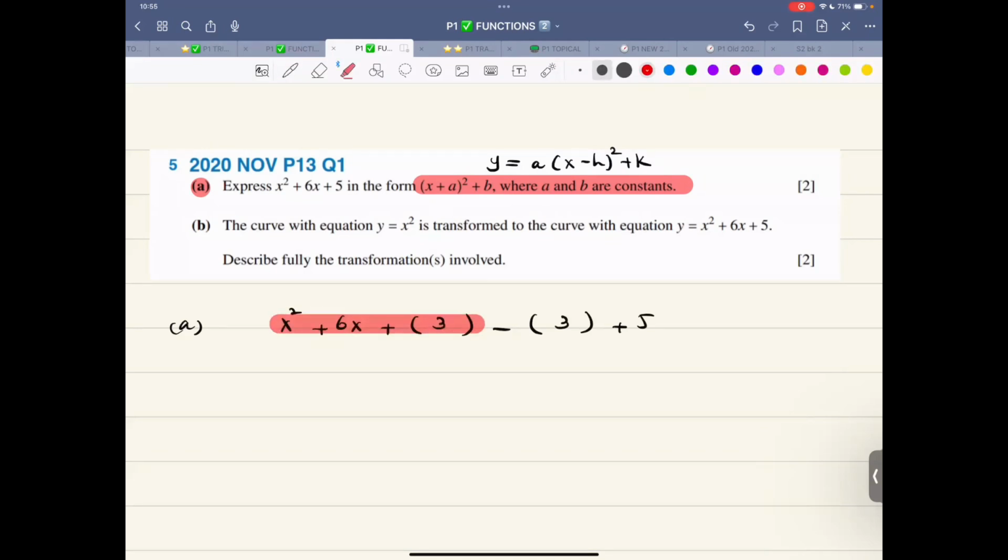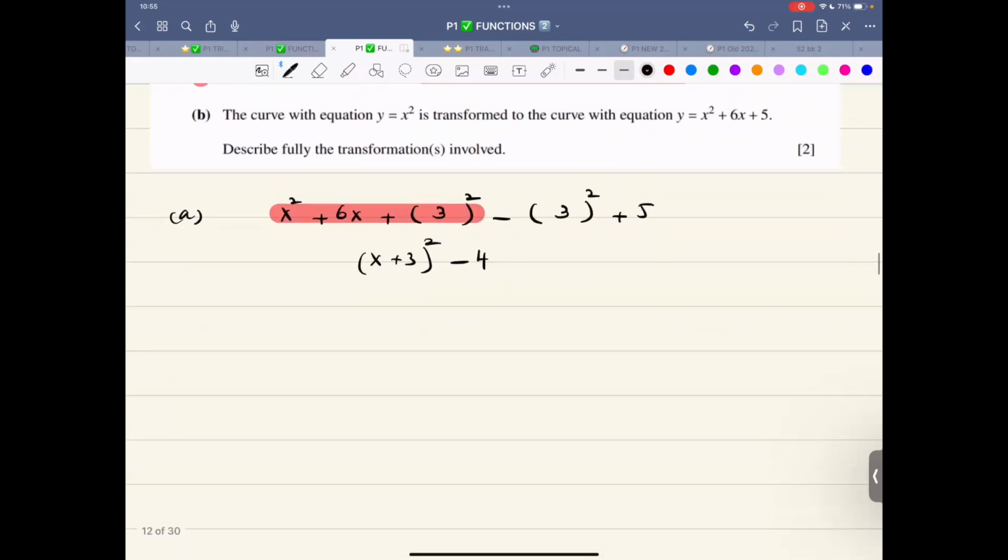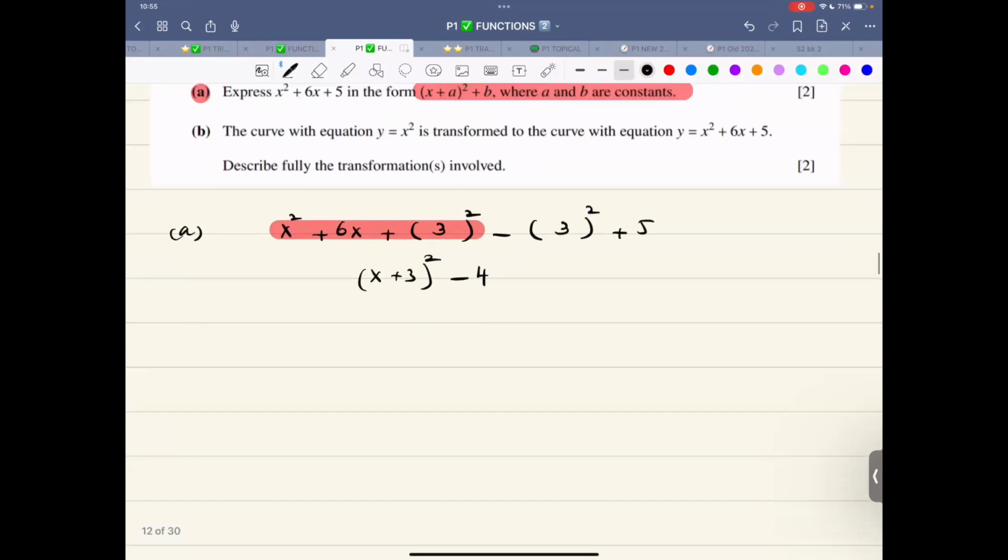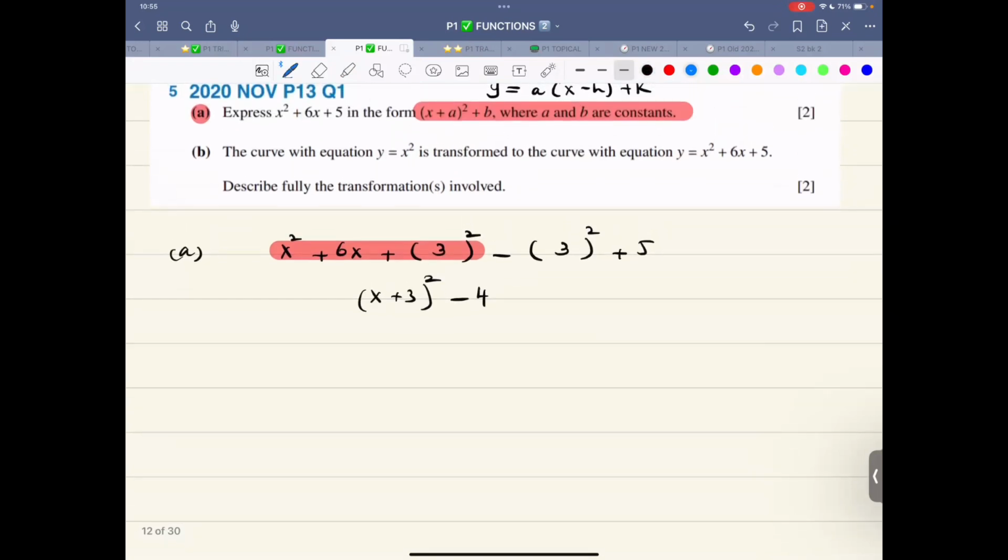Rewrite the first 3 terms as a perfect square, which is (x plus 3) whole square. Don't forget the square. This is -9 plus 5, which is -4. That is what is happening. Now, if I write underneath it, a(x minus h) whole square plus k.